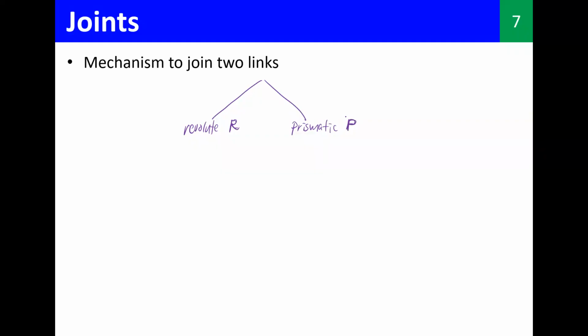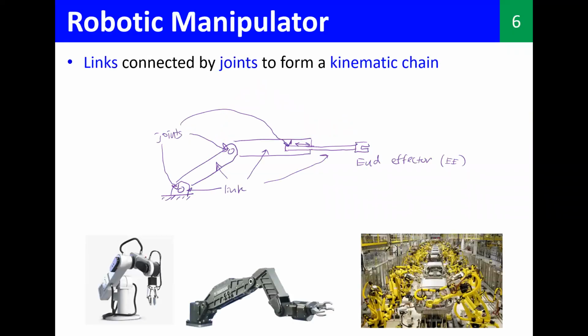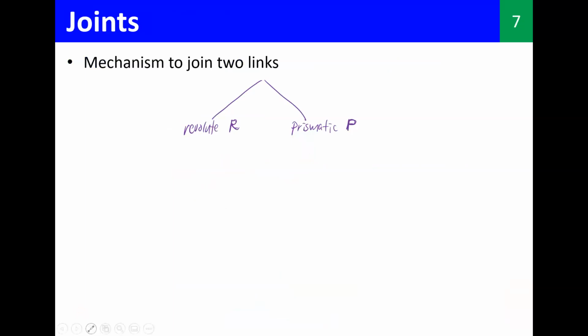So if I go back to this previous figure, here what we have is a revolute joint, and here it's a prismatic joint, okay? So what is a revolute joint and what is a prismatic joint?